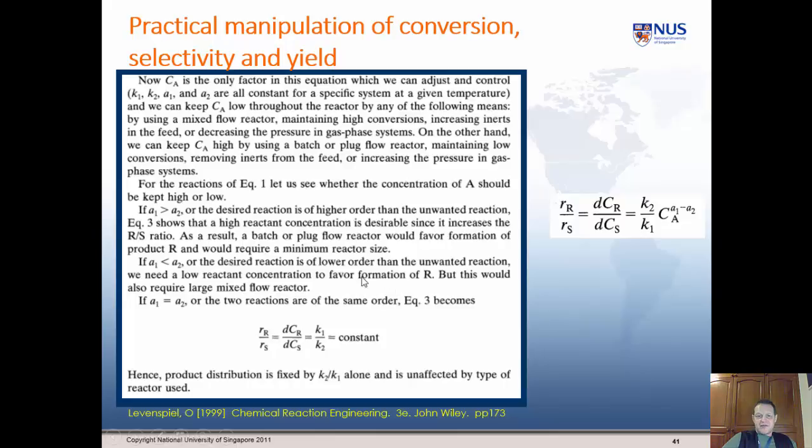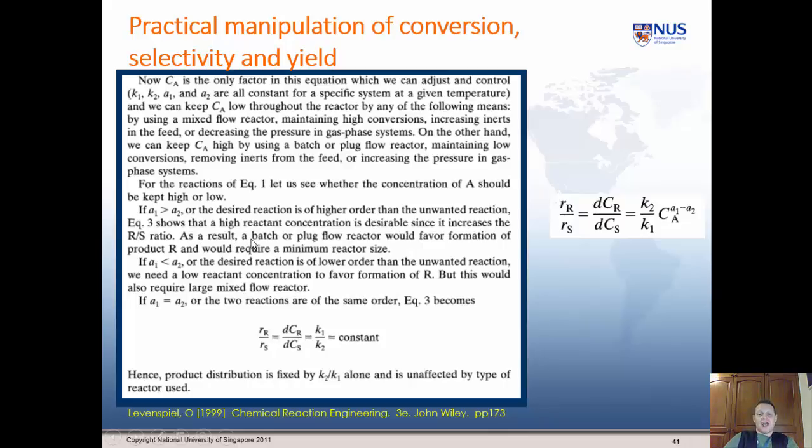So if a1 is the order of A with respect to the favoured reaction, if a1 is greater than a2, the desired is greater than the undesired, then a high reactant concentration will increase that desired over undesired ratio.